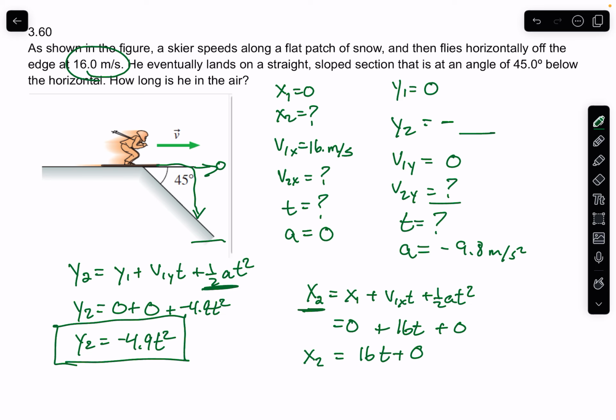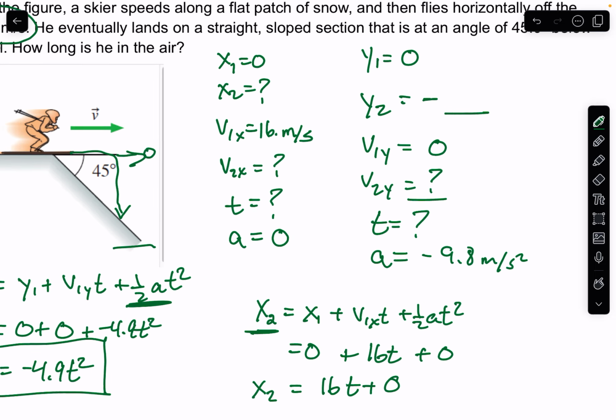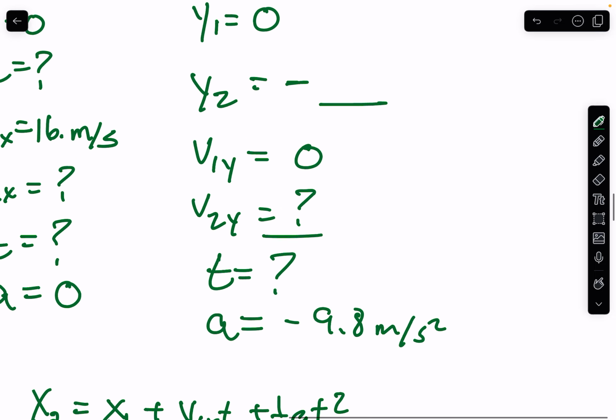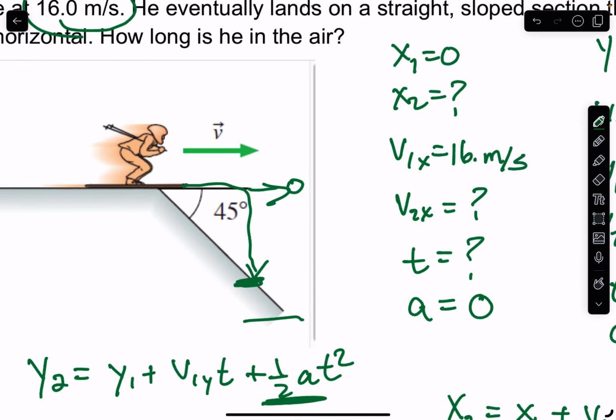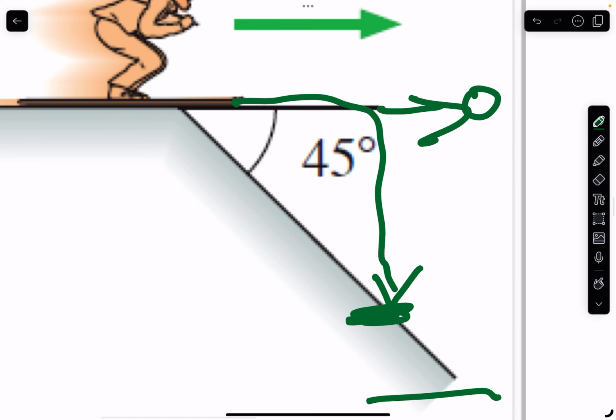But x2, all right, I need to zoom in or something like this, because we have a 45-degree angle. When he lands, he's going to land somewhere down here. So let's do it right here. When he lands, this is x2, and this is y2, correct?